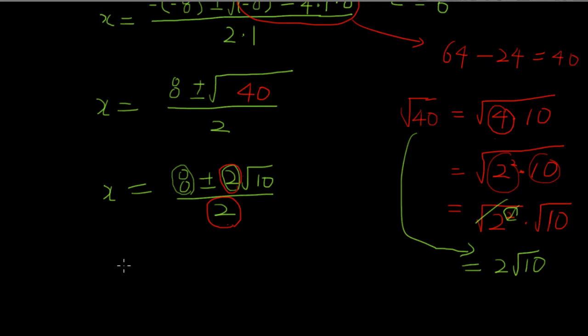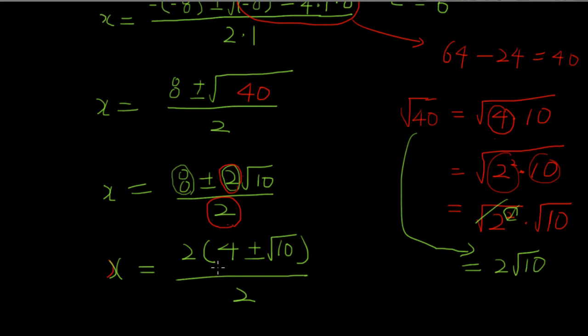So I can rewrite it by factoring 2 out from these. Now that becomes 4 plus minus square root of 10 over 2. Now you can cancel this with this.